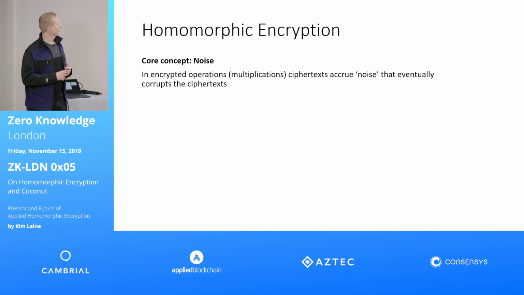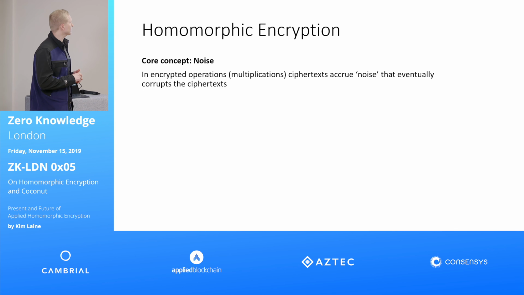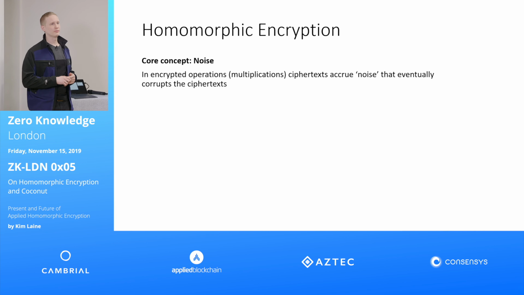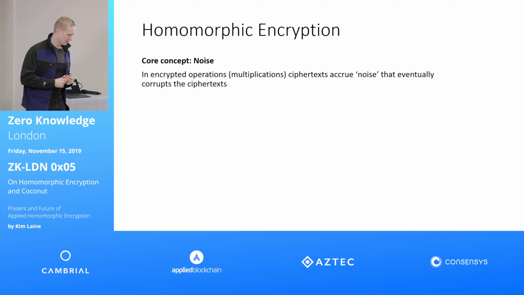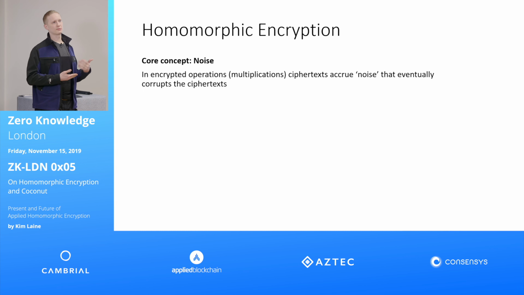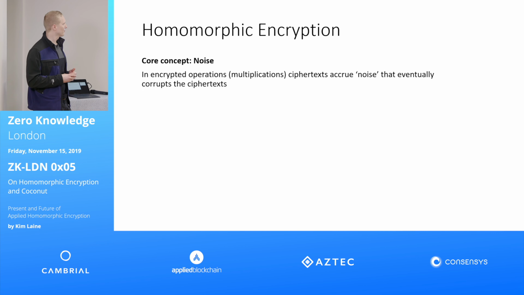Another interesting thing I wanted to tell you about is the concept of noise, which you're going to run into as soon as you read anything about homomorphic encryption. Noise is a concept related to the security of the encryption scheme. Almost every homomorphic encryption scheme has this noise, except maybe some really obscure ones I have never heard of.